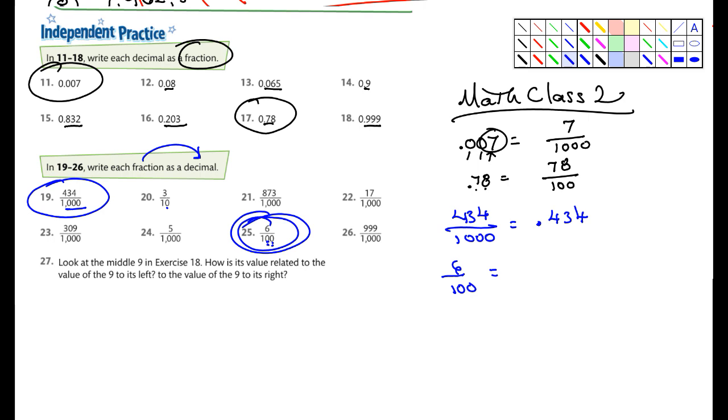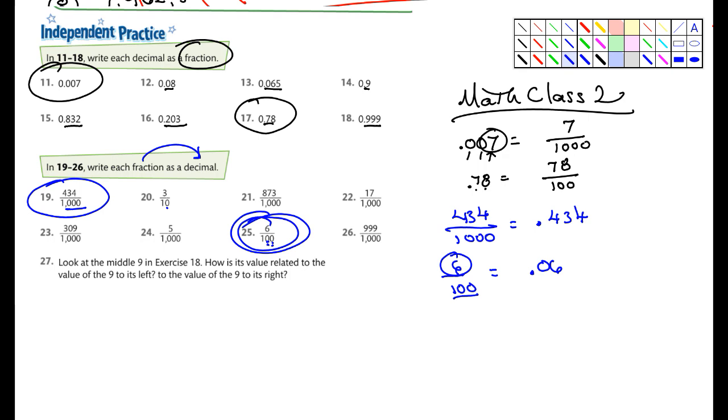So it's going to be point, tenths, something there, and then hundredths. There's only one number though, so it's going to be 0, and then we end with 6. So 0.06 is the same thing as 6 over 100.